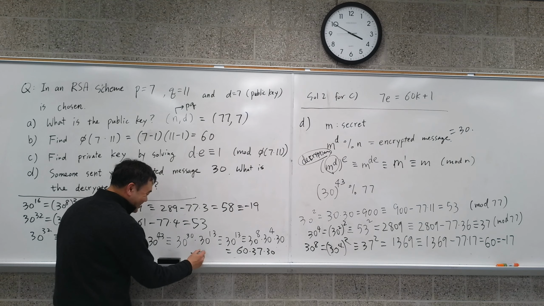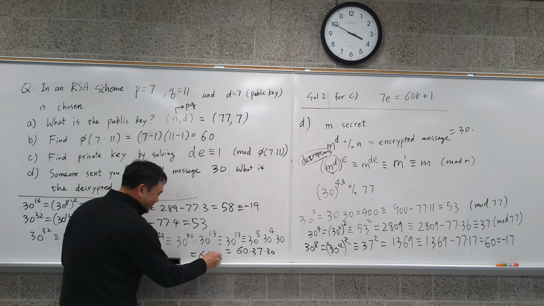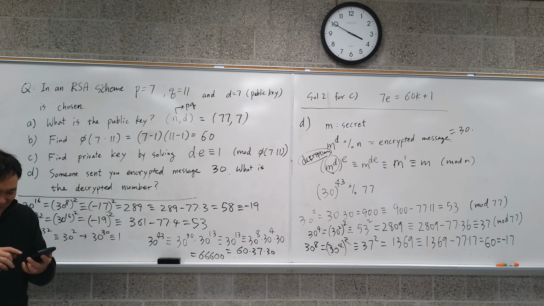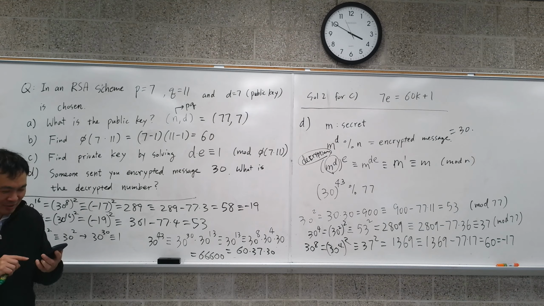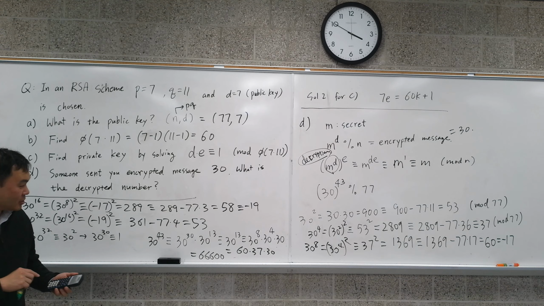Okay, hold onto this number. And then you divide by 77. That gives you 864.